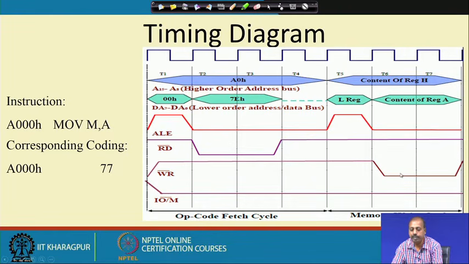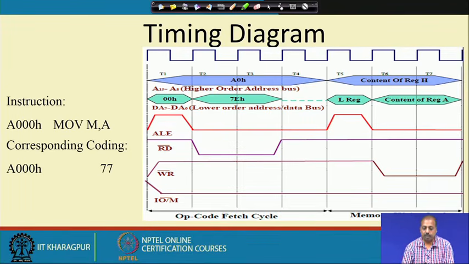When the memory gets the write bar signal, whatever is there on its data bus, it will write onto the memory location pointed to by its address bus. So, that is done. The content of the A register goes to that particular location pointed to by the address bus of the memory.